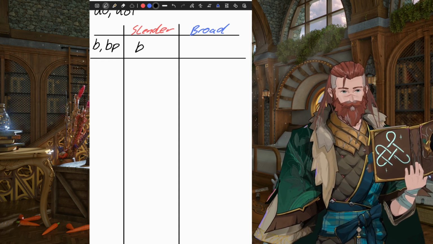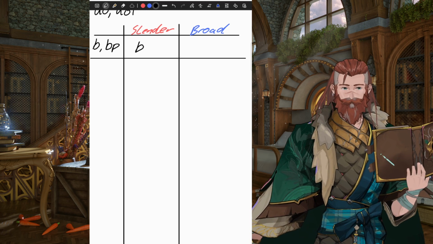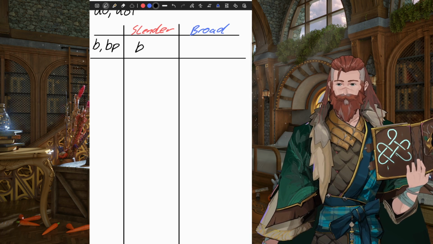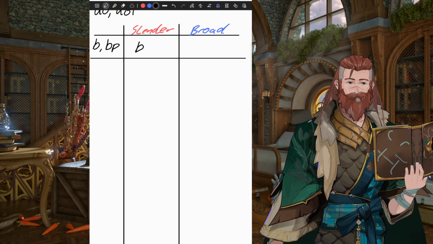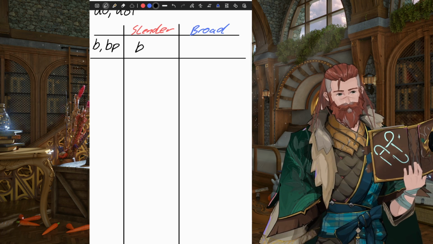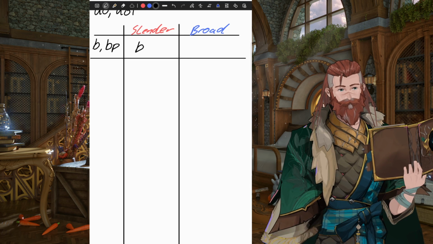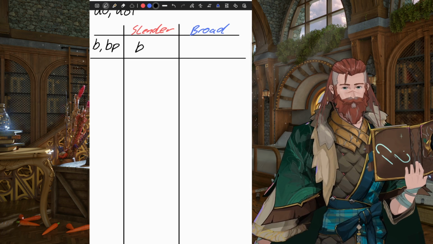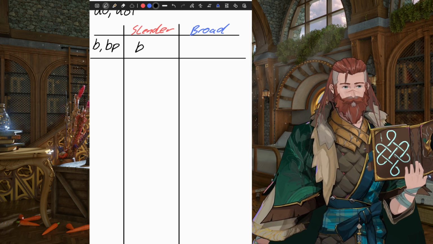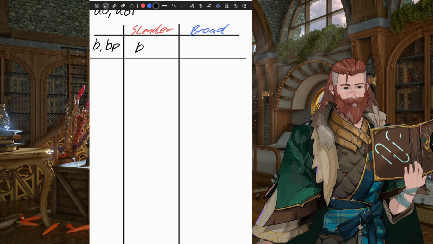For the Slender B, think like beg, bon, b, bia, bi. Sort of just a short b sound for the Slender B. For the broad V, it's more like a full mouth thing.